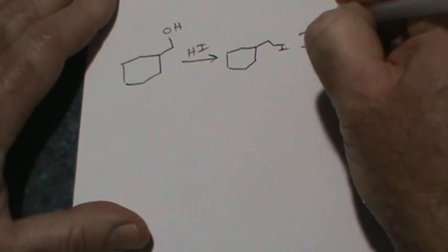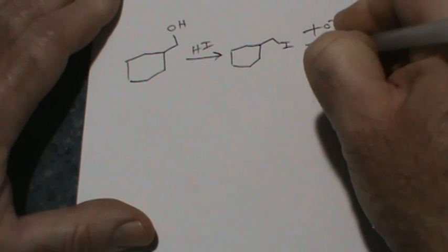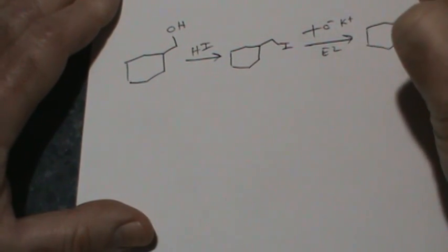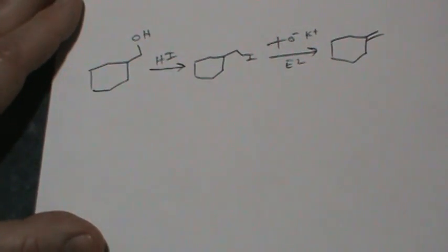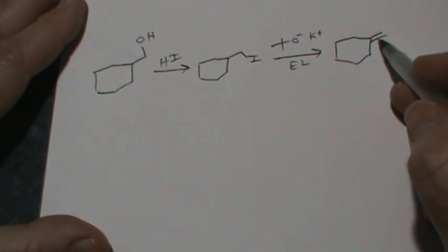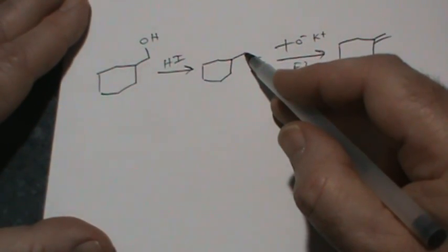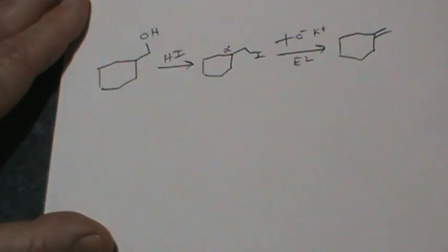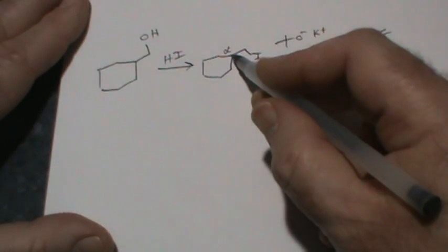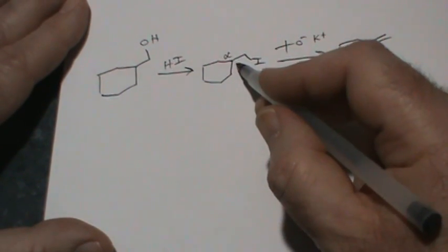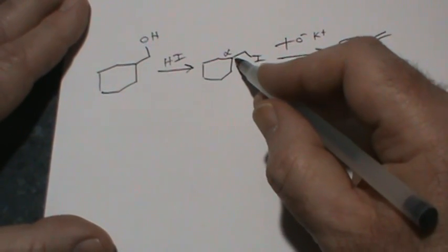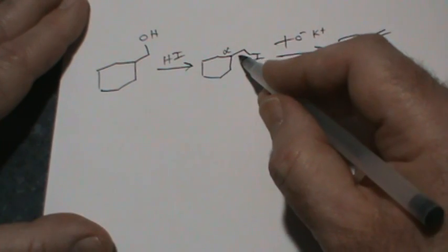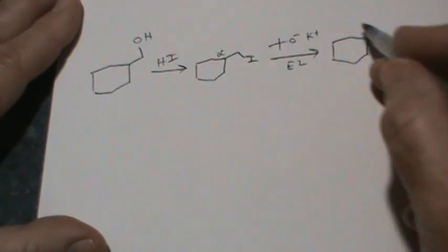Then I ran an E2 elimination to produce an alkene. It would have to be this exocyclic alkene because my leaving group is on this carbon right here. The alpha carbon is right there. That's the only alpha carbon. I'm going to pluck a hydrogen off that alpha carbon in this E2 elimination, actually pluck a proton off of that alpha carbon. And in this concerted E2 elimination, that places the pi bond right there.